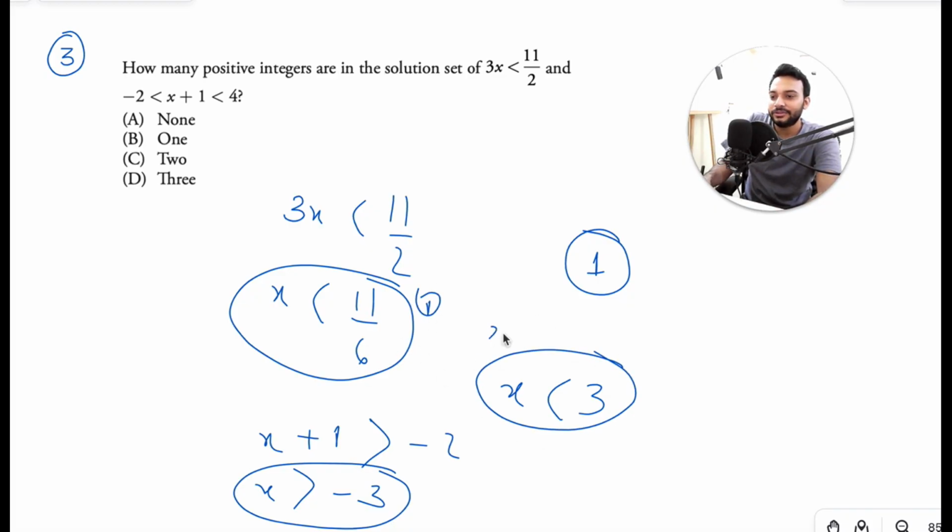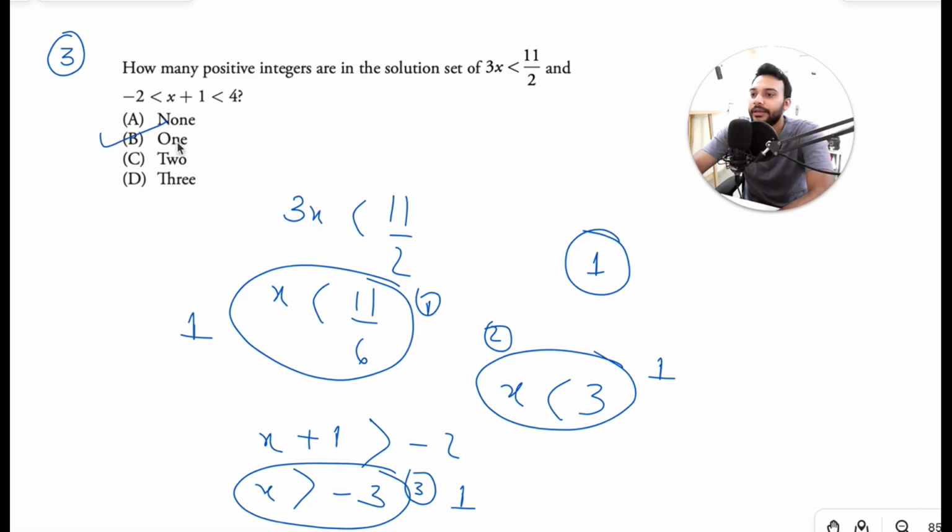According to these three, how many positive integers satisfy all three? Since the only positive integer from set 1 is 1, set 2 also would be 1, and set 3 also would be just 1. No other positive integer satisfies all three inequalities. So option B, just 1.